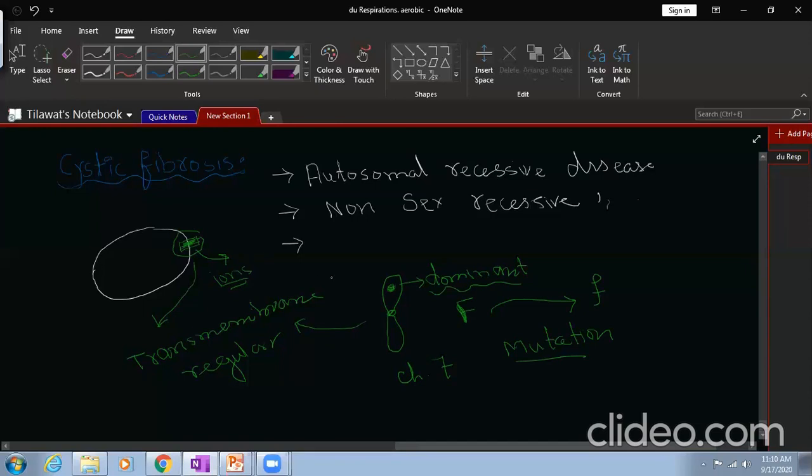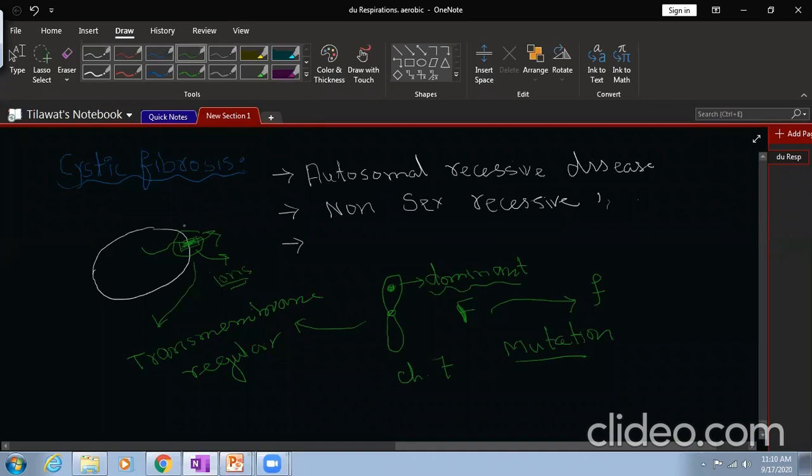When this changes into the recessive form, this transmembrane protein will be affected, and this will not control the flow of ions, so the flow of ions will be disturbed. And when that flow of ions is disturbed, what can happen? Because of that, mucus accumulation will take place.